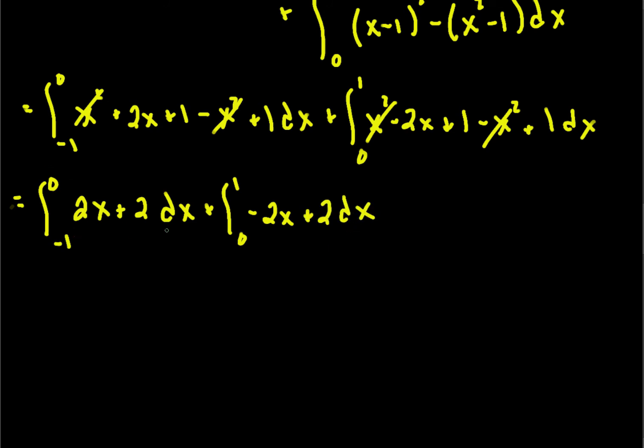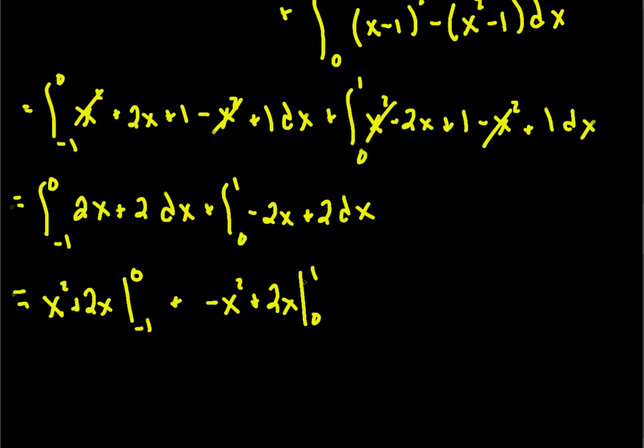And I can't combine these because they're two different bounds of integration, and so I just have to run them separately. But that's fine. The antiderivative of 2x is x squared. So I get x squared plus 2x evaluated between -1 and 0, plus negative x squared plus 2x evaluated between 0 and 1.